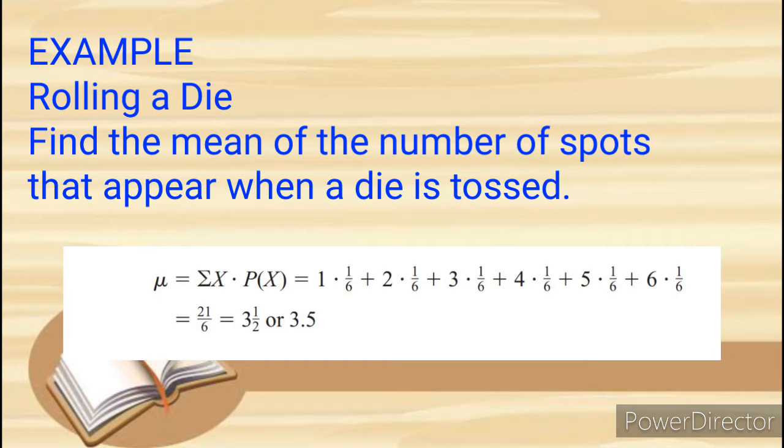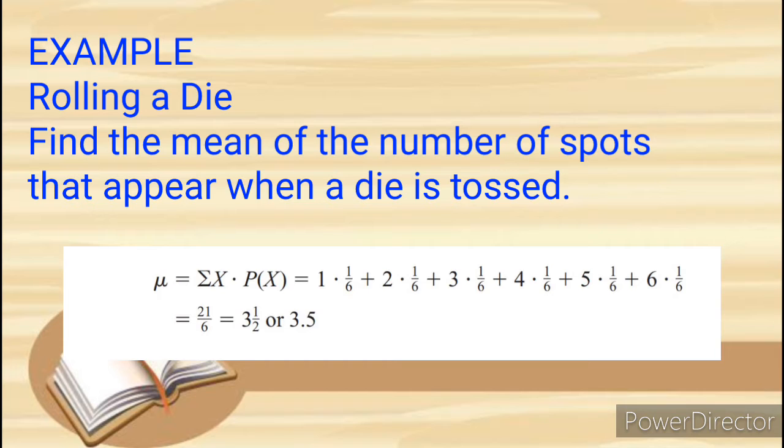When a die is tossed many times, the theoretical mean will be 3.5. Note that even though the die cannot show a 3.5, the theoretical average is 3.5. The reason this formula gives the theoretical mean is that in the long run, each outcome would occur approximately 1/6 of the time.